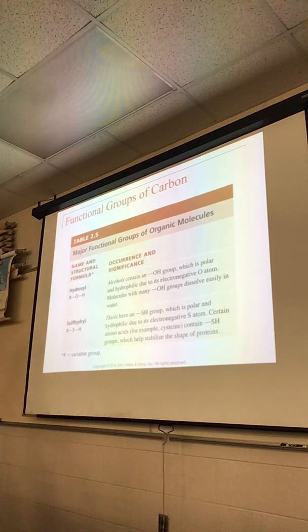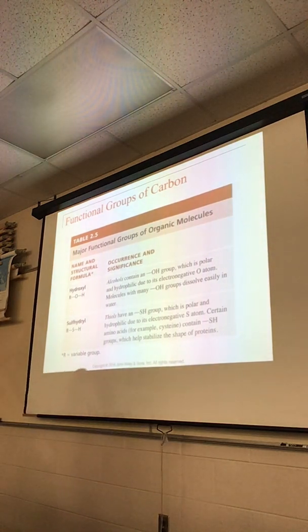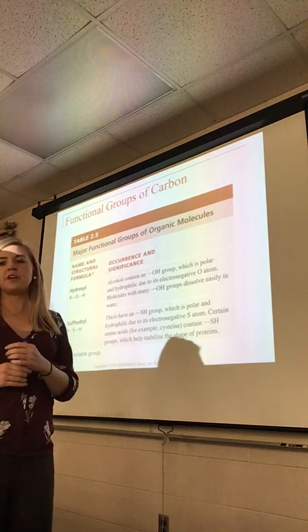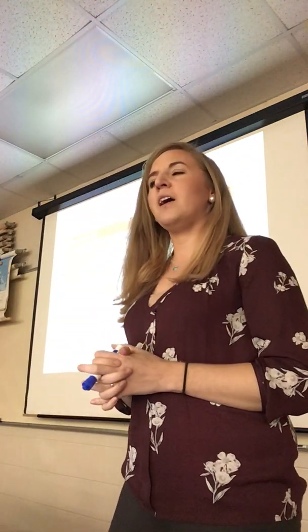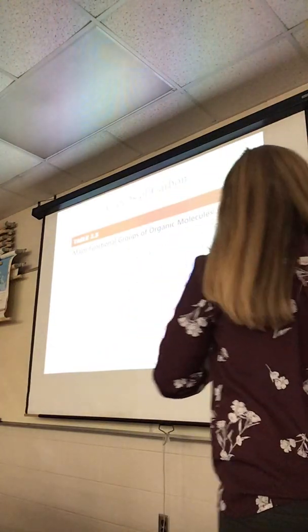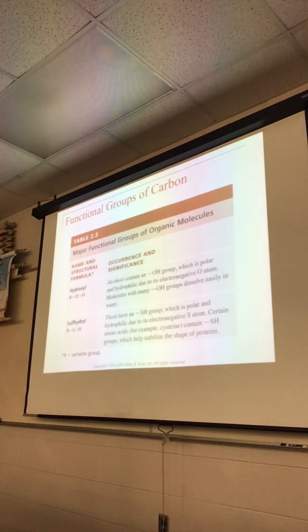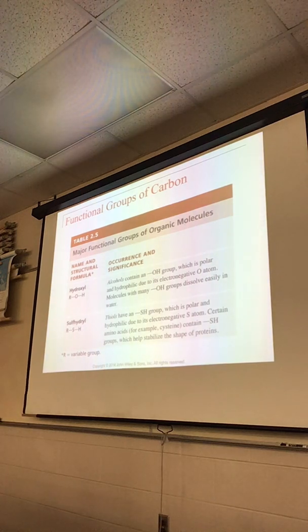Now, when we look at chemicals as they're written, you can have something known as a molecular formula or a structural formula. A molecular formula, let me write this up here real quick. Molecular formula does not tell you anything about bonding.